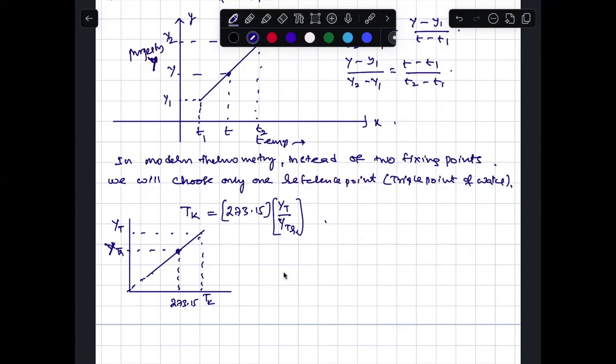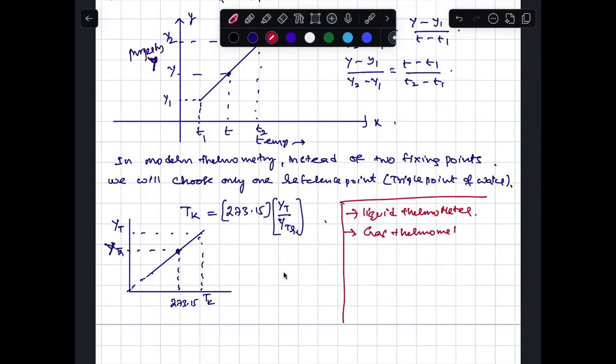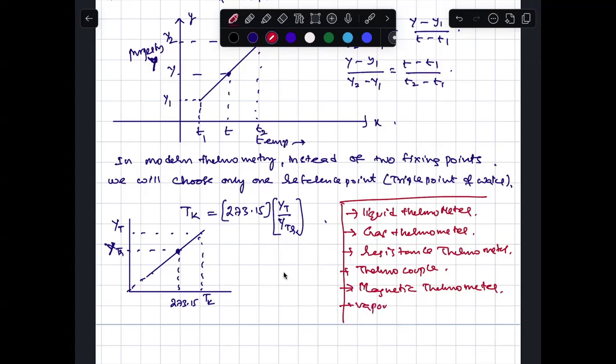I've introduced earlier, there are different thermometers. The thermometers which we will use are: liquid thermometer, gas thermometer, resistance thermometer, thermocouple thermometer, magnetic thermometer, vapor pressure thermometer.